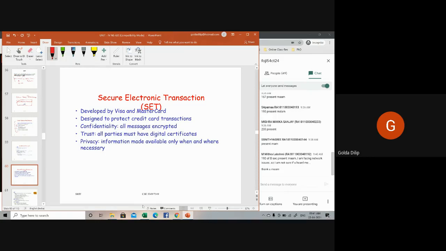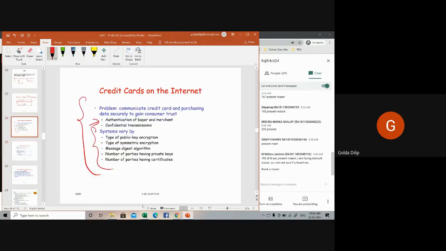It will provide confidentiality. Then it will authenticate the parties involved, and that is by making use of digital certificates. Authentication by means of digital certificates. Then it will also ensure confidentiality.